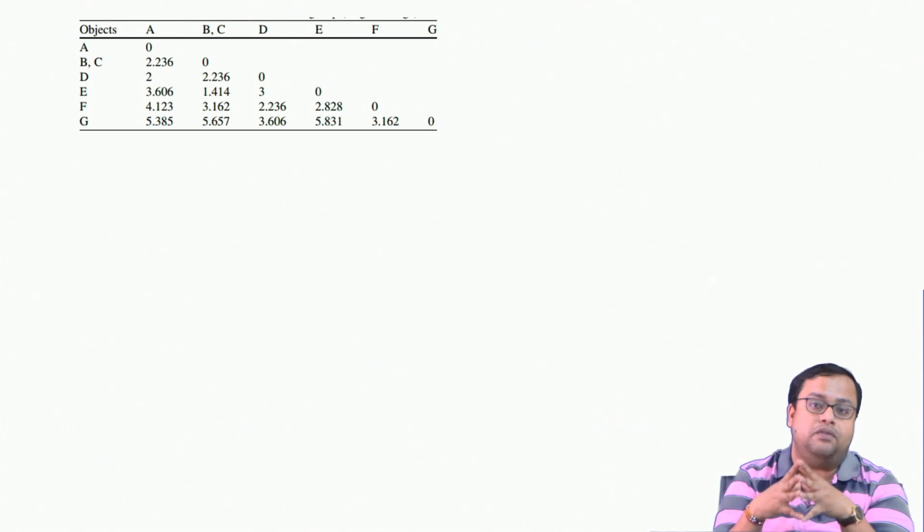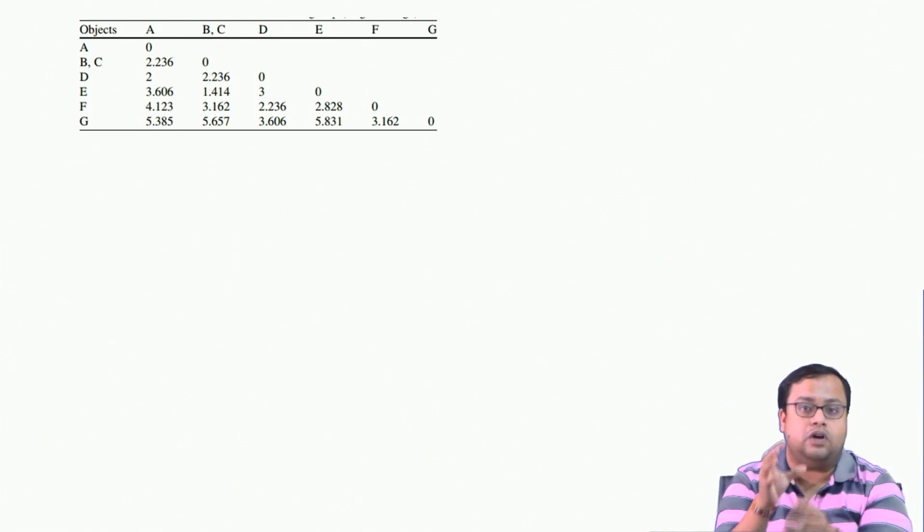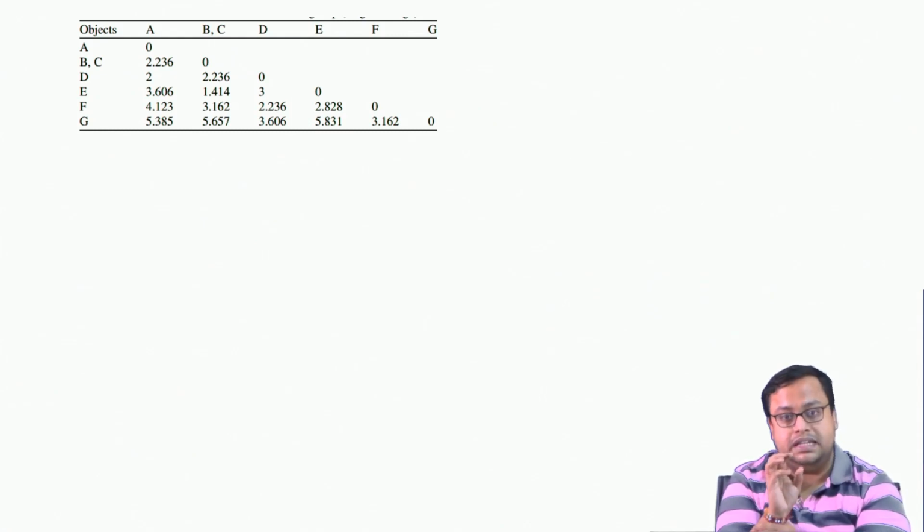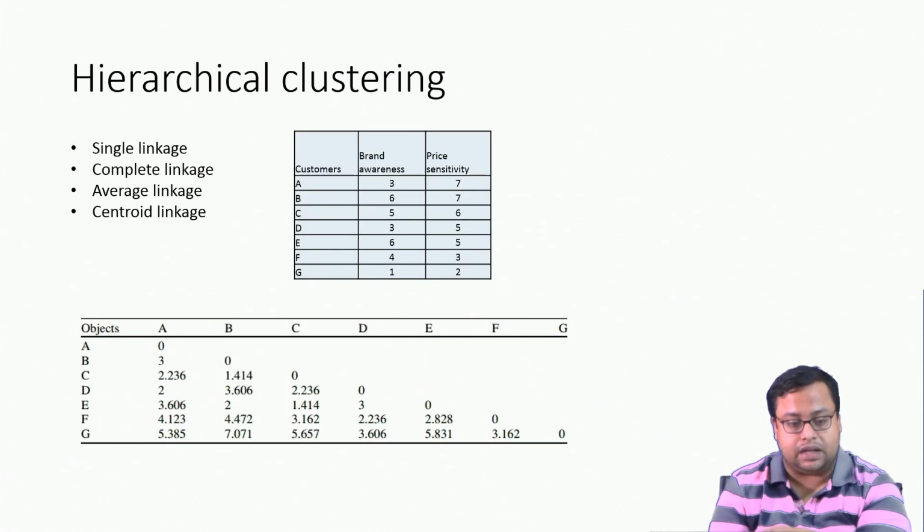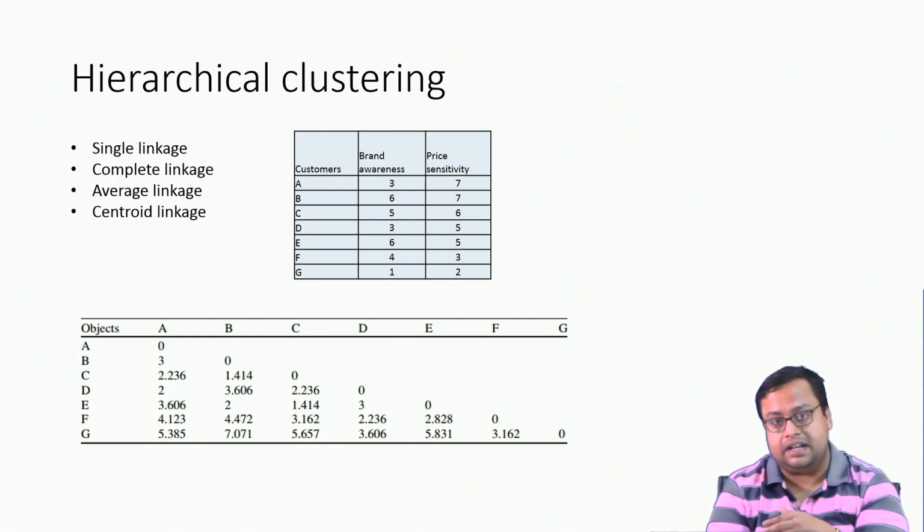Now, there are different ways to find out the distance from B and C to A, B and C to D, B and C to E and so on. That is how single linkage, complete linkage, average linkage and centroid linkage are different.